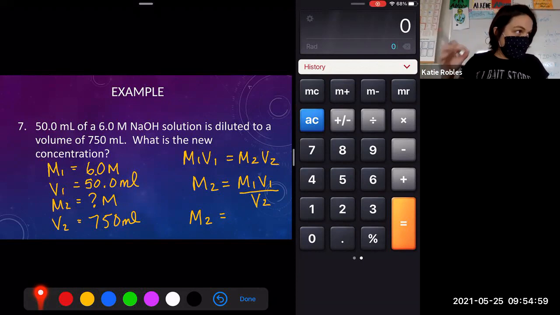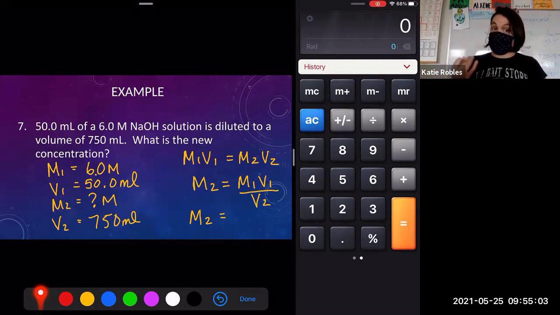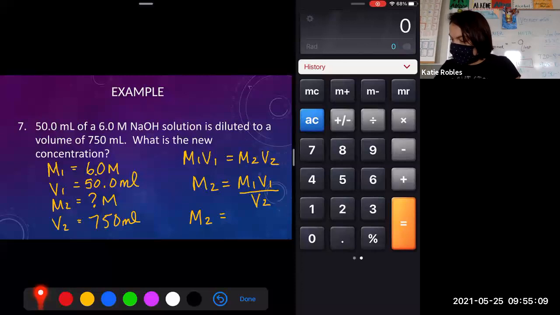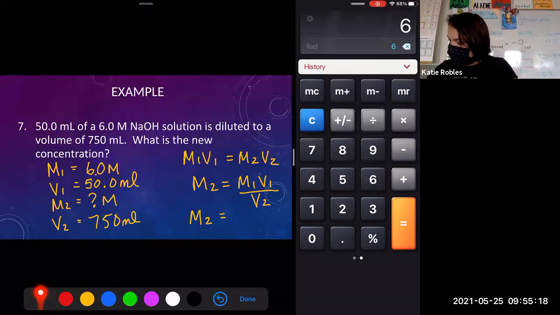Think about this logically. We know that when you dilute something, the molarity goes down. So hopefully, if I did this correctly, I should get a lower number. I rearranged the equation with V2 on the bottom: M2 equals M1V1 over V2. So I've got 6 times 50 divided by 750.